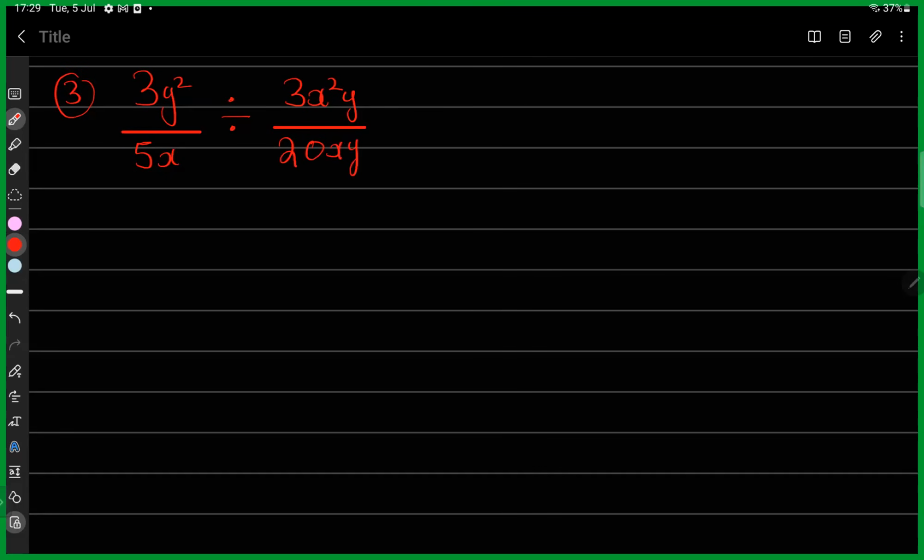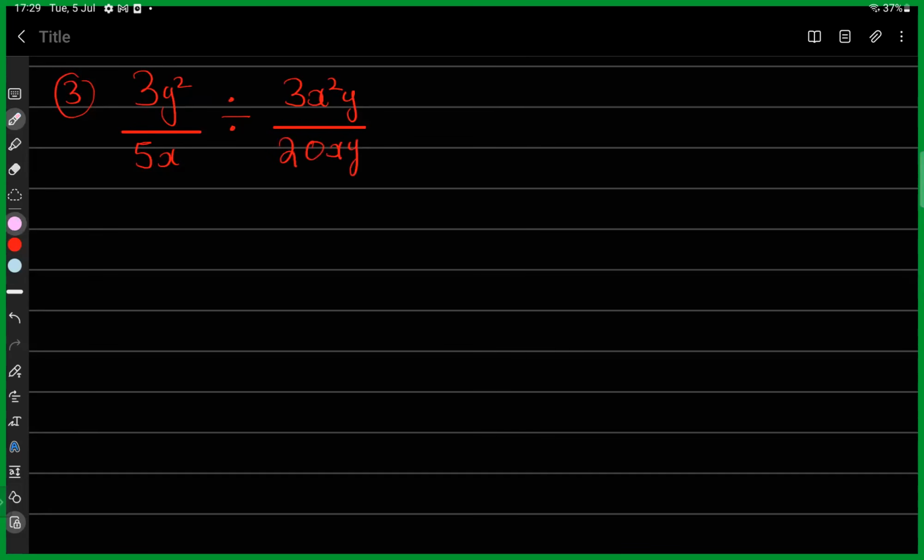Simplify this and express your answer in positive index. So you need to simplify and write down the answer with positive index. That's already how we simplify expressions.